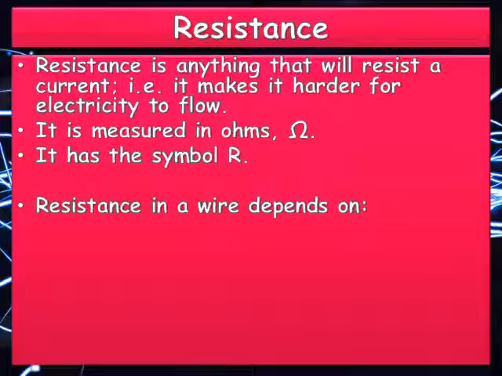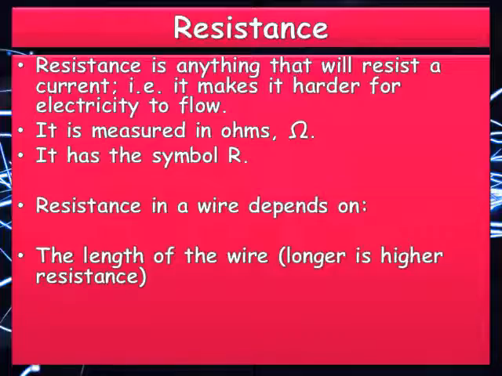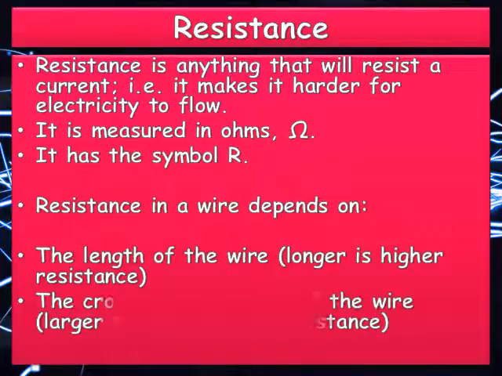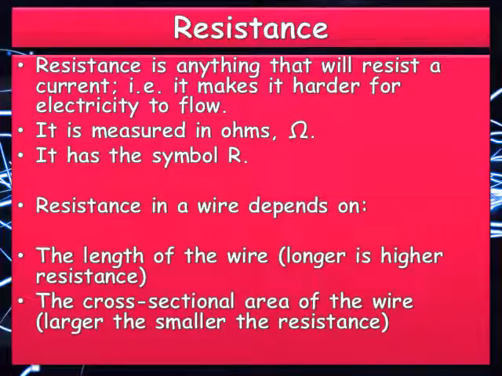Resistance in a wire depends on a few things, known as the resistivity of the wire. It's based on the length of the wire, so the longer a wire, the higher the resistance in the wire. The cross-sectional area of the wire, so the larger the cross-sectional area, the less resistance there is.